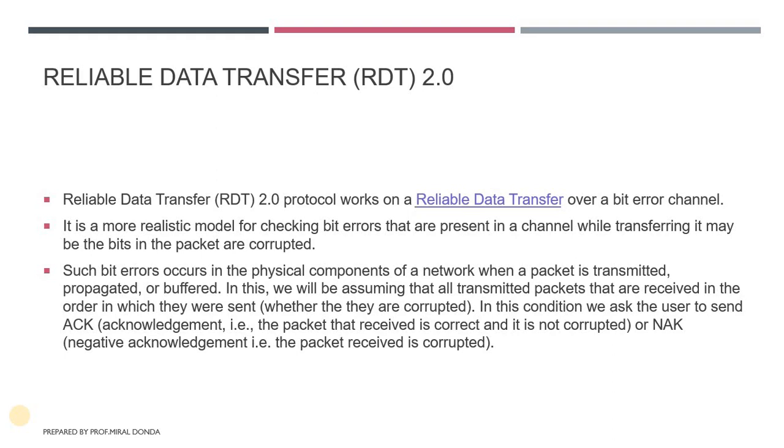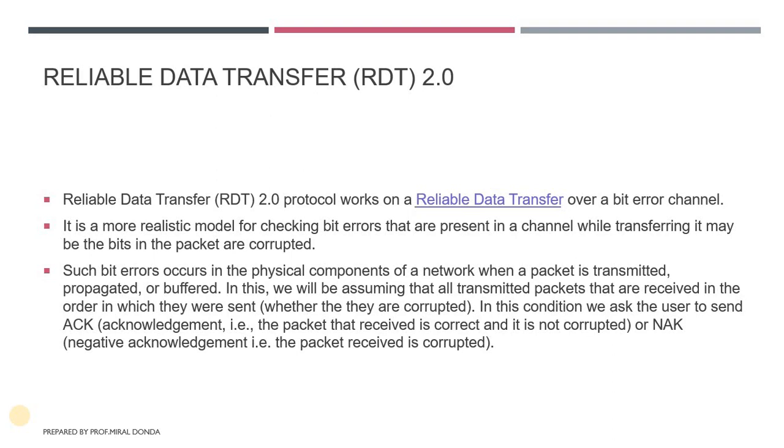As we know, there is a need to check whether the packet received by the receiver is correct or not, and whether any error occurred during transmission. To check that bit error, the protocol RDT 2.0 is used. It is specially used for bit error channels.